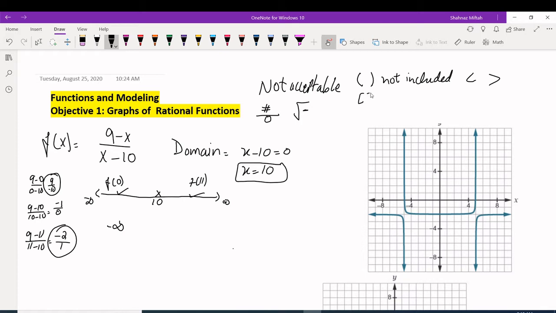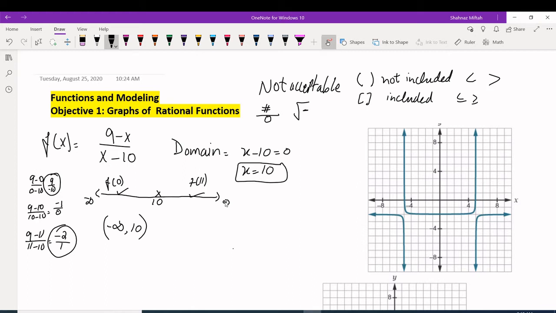If I have brackets, then it means that number is included, like a closed circle, okay? So I'm starting at negative infinity, and negative infinity is not a real number, so it's always going to be a parenthesis. 10 is not included either, because 10 doesn't work, so this is also a parenthesis.